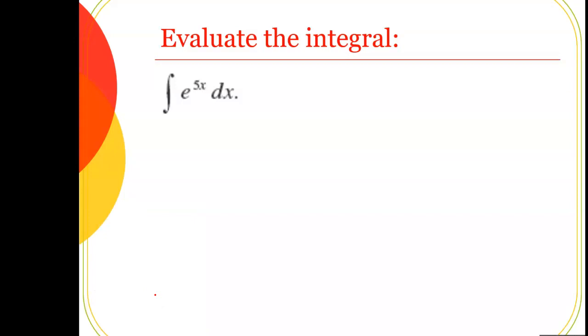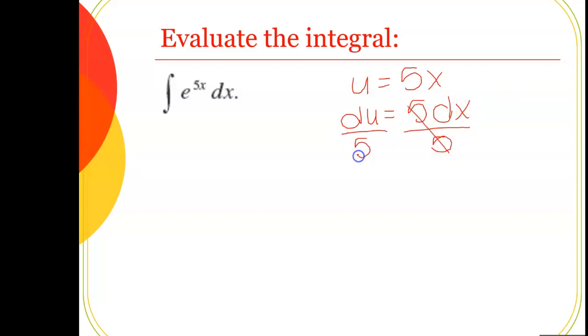Your idea would be that you make u 5x, du becomes 5 dx. We're missing our 5, so we divide it out. That gives a 1/5 in front.